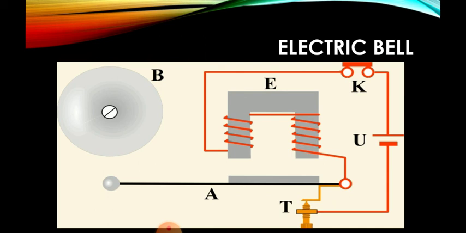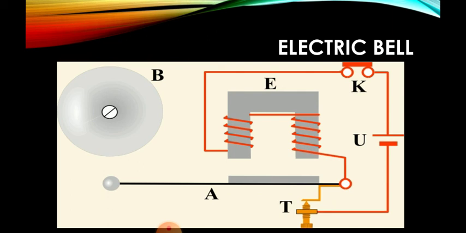So in this way, till the switch is pressed on, the current will flow. The coil will behave like an electromagnet. The flexible iron strip will come closer to the electromagnet, and then it will strike the gong. Once it comes towards the electromagnet, the contact with the contact screw will break and the circuit will break.